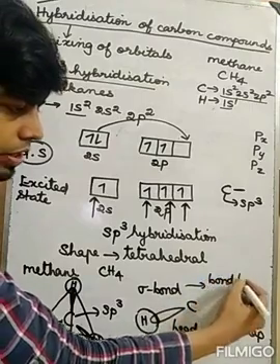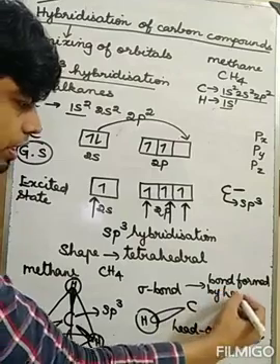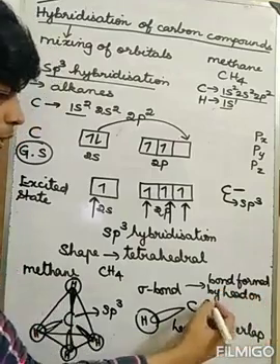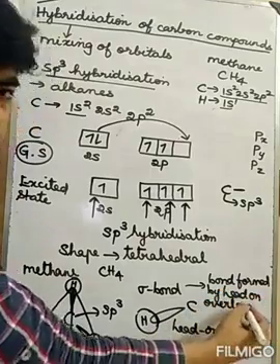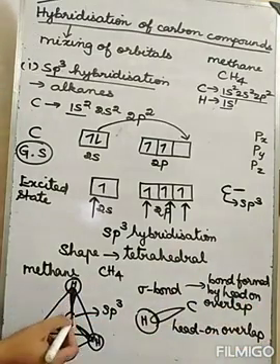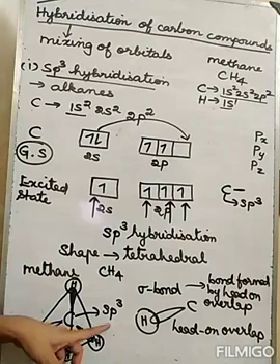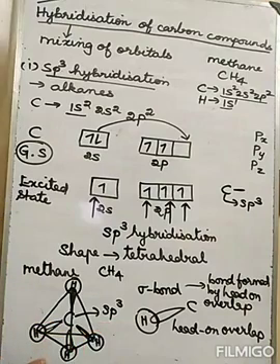The bond which is formed by head-on overlap of the orbitals. So that bond is called the sigma bond. So here this is one sigma bond, 2, 3, 4. 4 sigma bonds are present here, and the carbon is sp3 hybridized and the shape is tetrahedral. Okay.